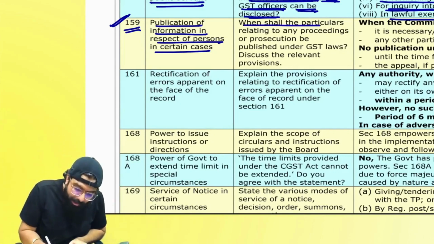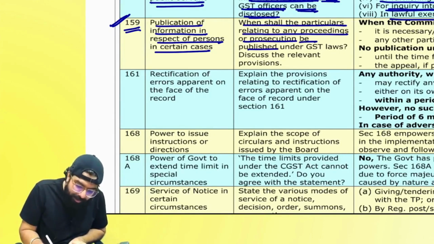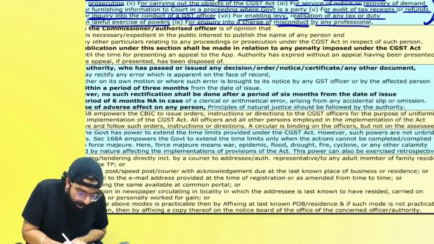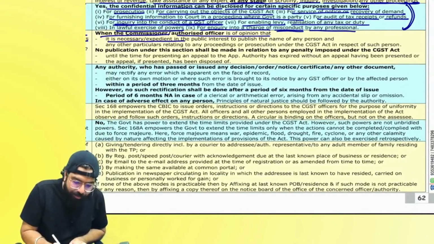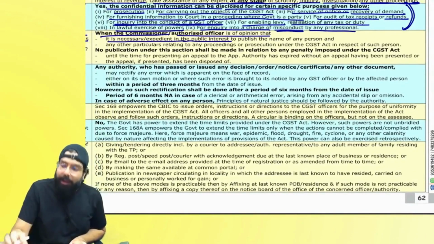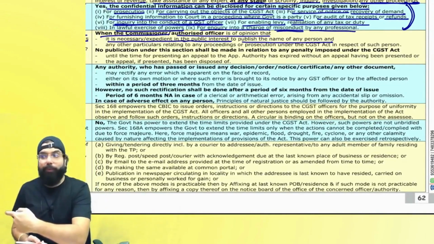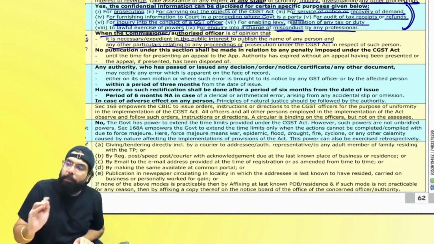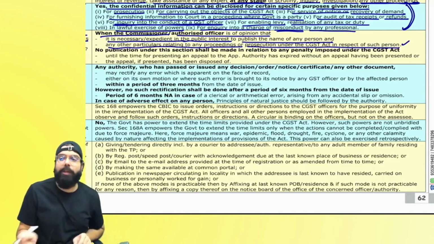The question says: when shall the particulars relating to any proceedings or prosecution, sending someone to jail, be published under the GST law? Discuss the relevant provision. When the Commissioner or an authorized officer is of the opinion that it is necessary or expedient in public interest to publish the name of any person, that this was the thief who is caught now, and any other particulars relating to any proceedings or prosecution under the GST Act in respect of such person.